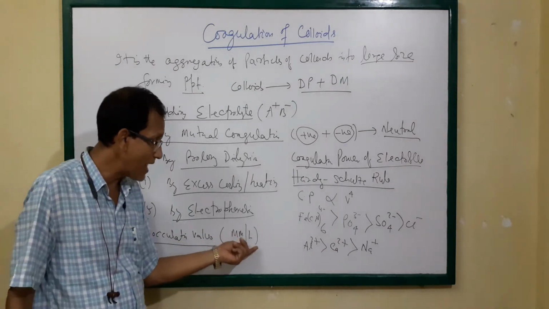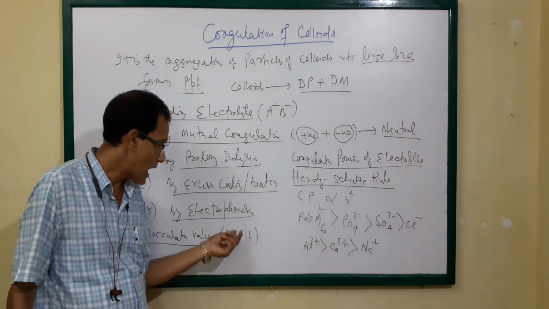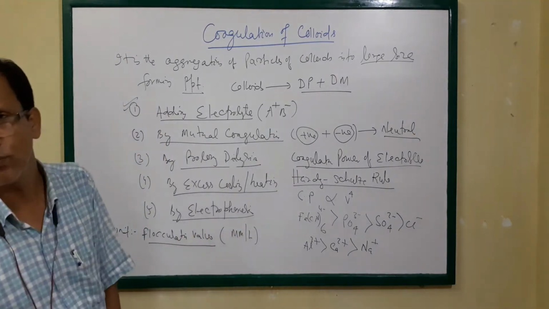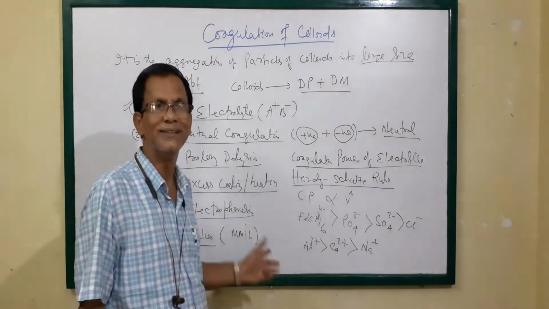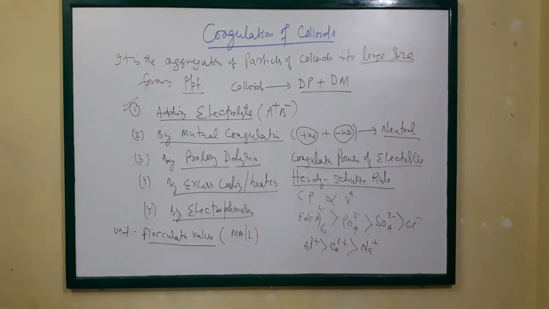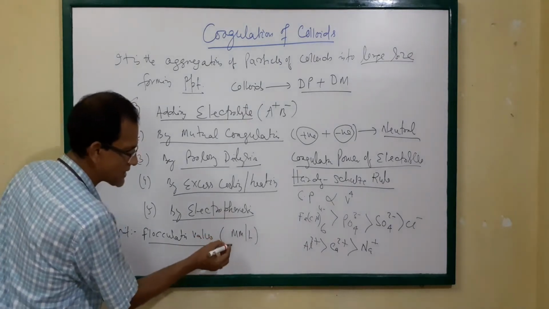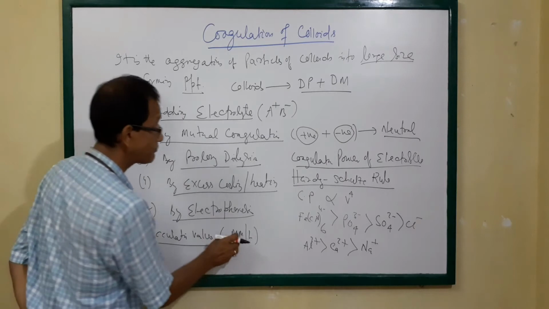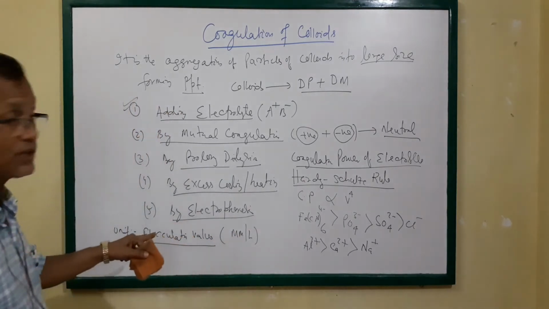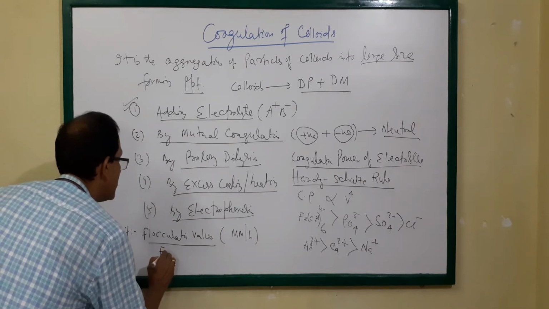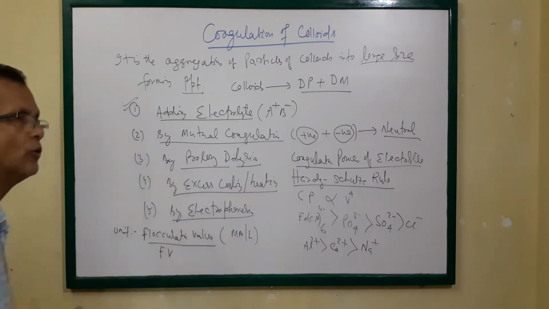For 1 liter of colloidal solution, how many millimoles of electrolyte are required for coagulation? That is called flocculation value. So flocculation value is expressed as millimoles per liter. Flocculation value, short form FV.